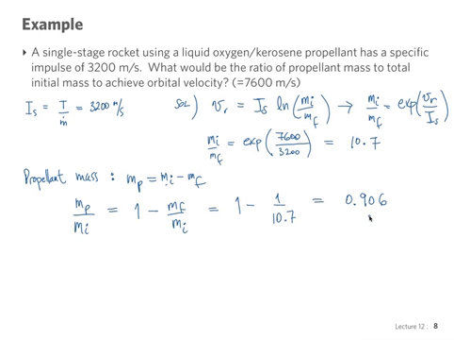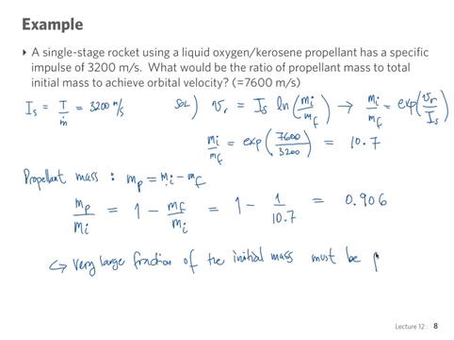So this is what happens with a single stage rocket: a very large fraction of the initial mass must be propellant, or the fuel, to achieve the orbital speed, which is the reason why we have multi-stage rockets.